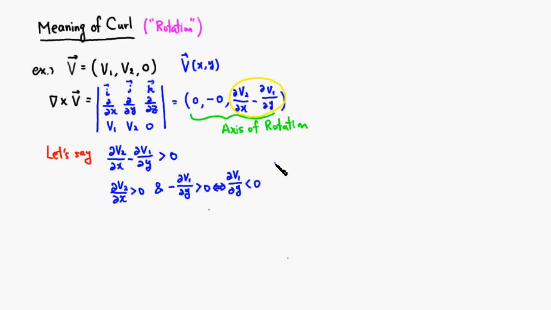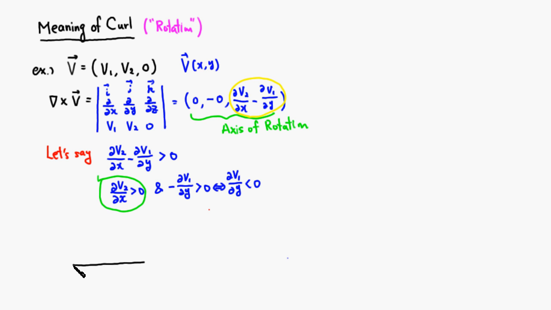Let's make sense out of this part right here. This v2 is the y direction, but we are taking the partial with respect to x. So we look at v2, the flow in the y direction, as x changes. Here is a visual image.